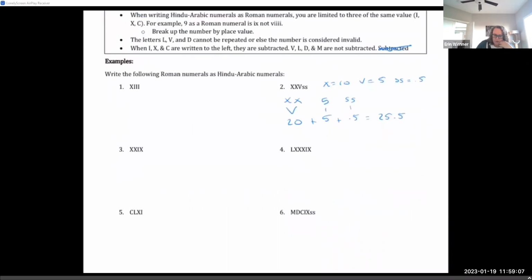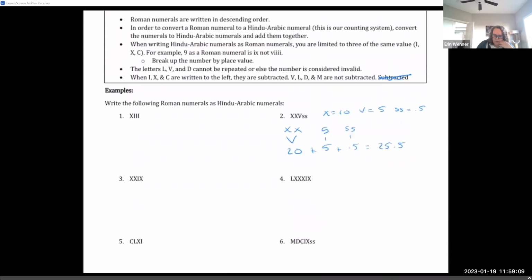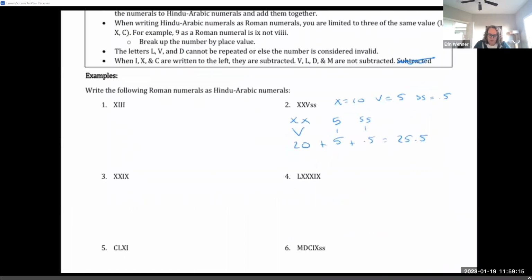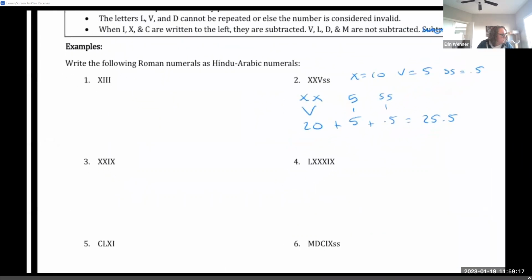All right, I want you to go ahead and try 3 and 4 and send those to me in direct message. Let me know if you need me to, well, I'll just write them here so we don't have to have it blown up so much.